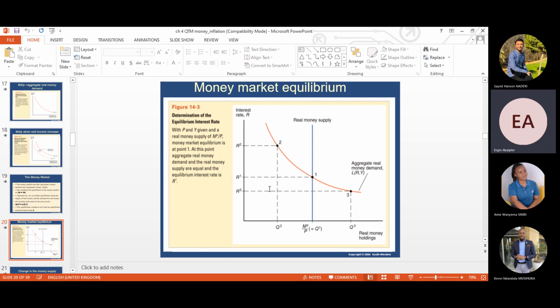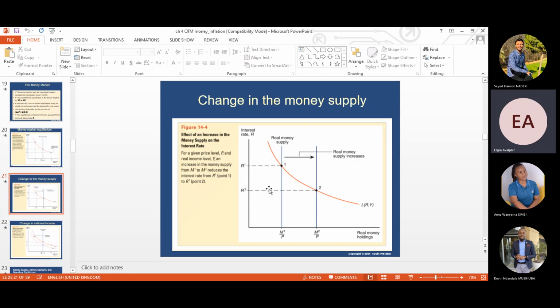And as I mentioned to you, an increase or decrease in the interest rate will shift this real money supply to the right or to the left. As given here, the effects of the increase in the money supply on the interest rate: for a given price level P and real income level Y, an increase in the money supply from M1 to M2 reduces the interest rate from R1 to R2, or vice versa.